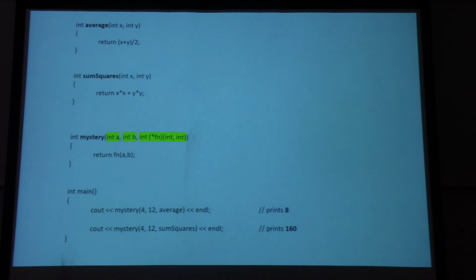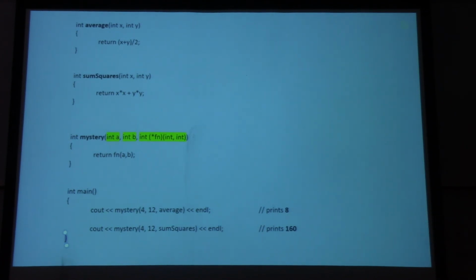How many parameters does the mystery function take? Well, I have 3 distinct yellow highlights. Thank goodness yellow is working on that projector. Mystery takes an int, which we formerly called A, another int B, and then it's got this crazy thing that we've seen before.